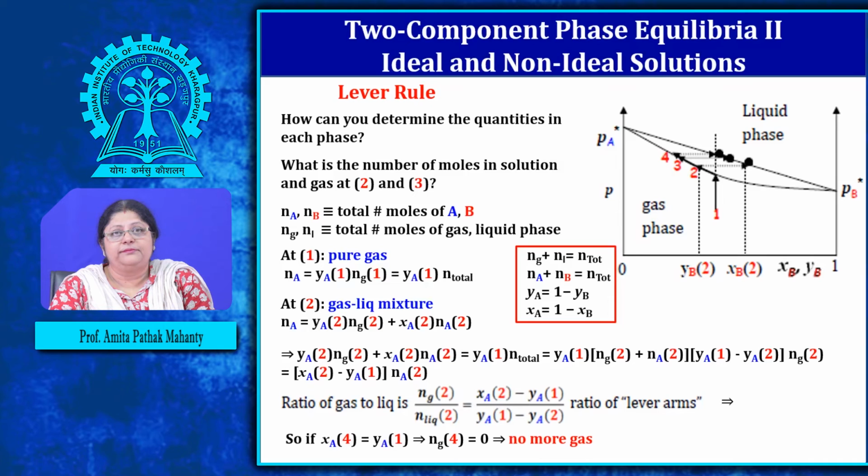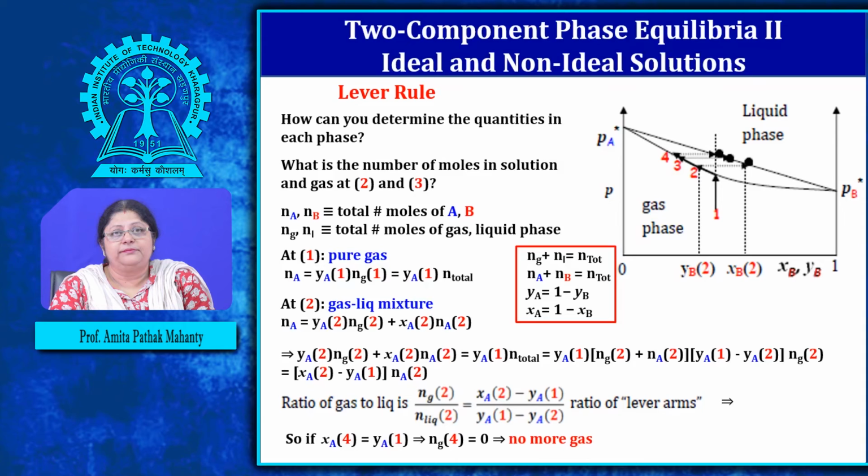Then you try to take common and take out. See, here I have taken N liquid and I have not mentioned liquid anywhere. So these typographic errors are always going to be there. If I do it on the blackboard, then you will find it out.